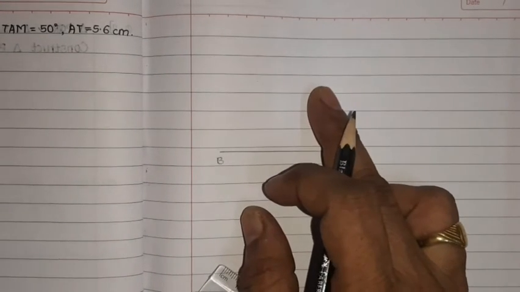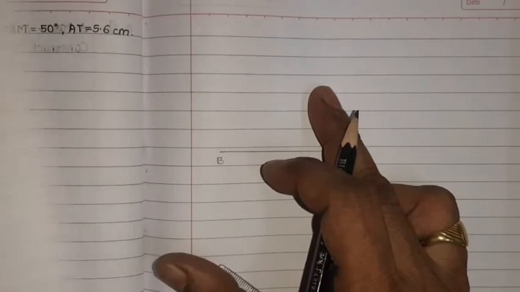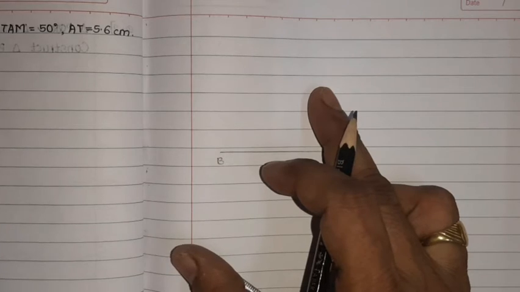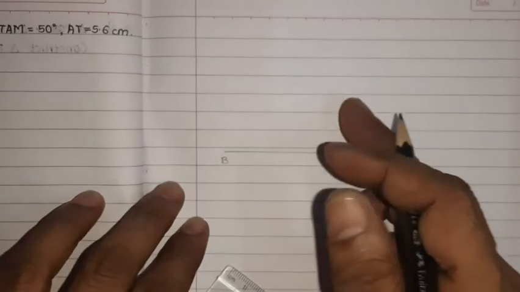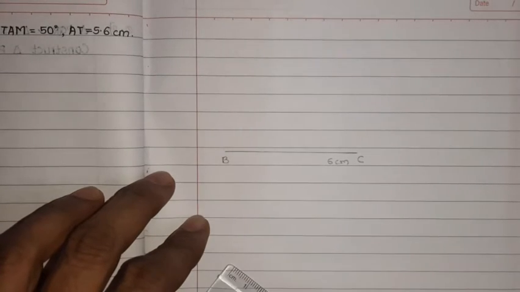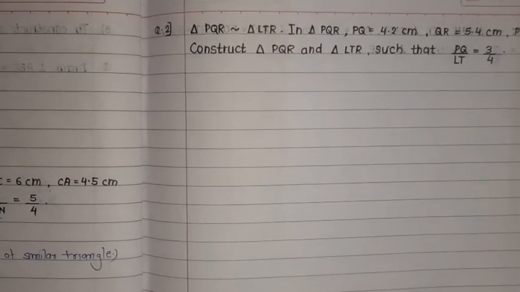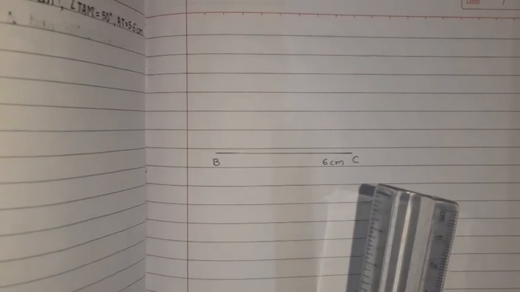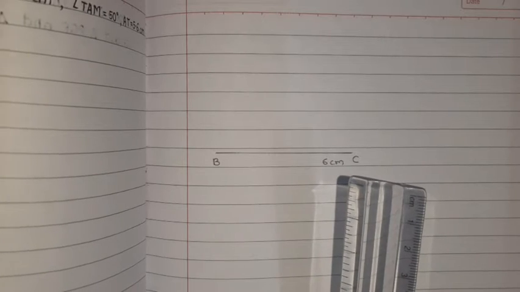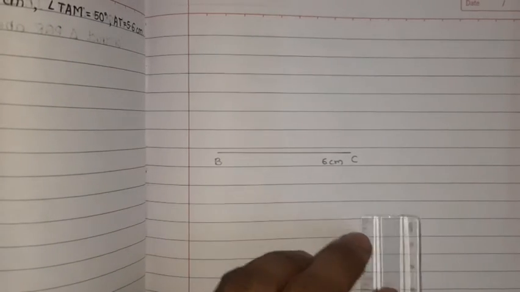Now, for plotting the point A or to fix the position of point A, the conditions are given, that is AB is 5.5 centimeter and AC is 4.5 centimeter. Therefore, we have to take a distance of, first of all, 5.5 centimeter.